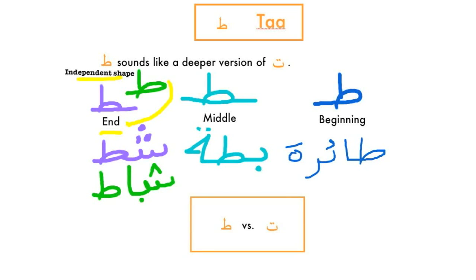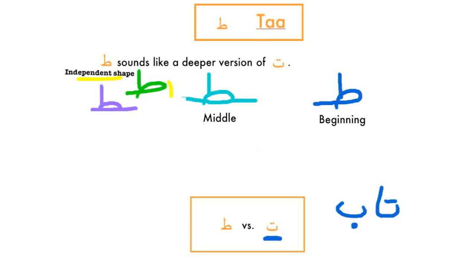The letter ta might be similar to the letter ta, but they are quite different. So let's take a look at some examples. Here's the word tab with ta, versus the word tab with ta.